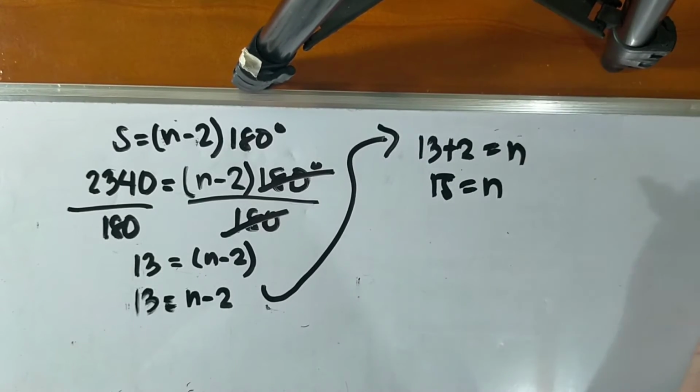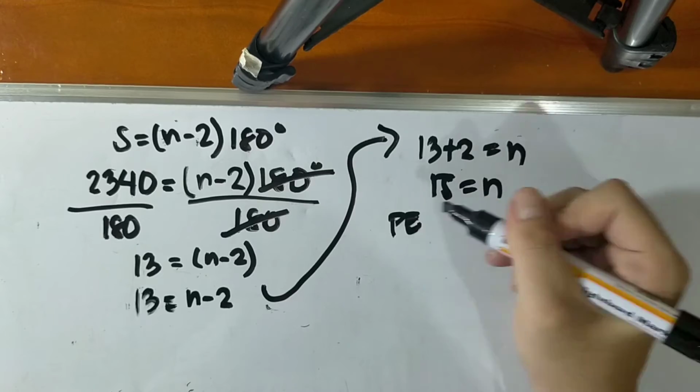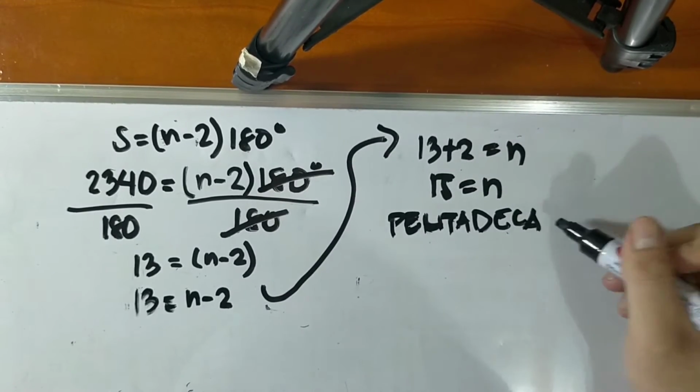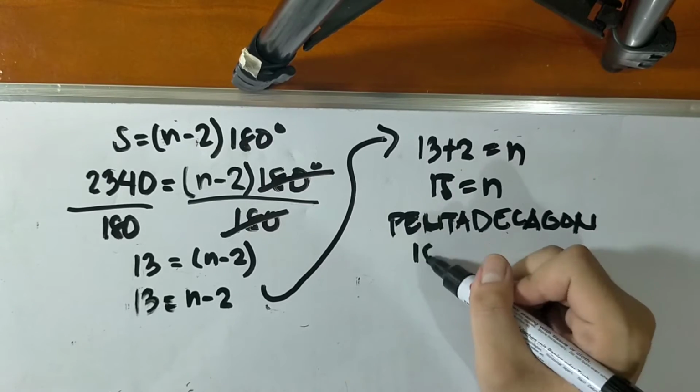Then n equals 15, or 15 sides, which is also known as a pentadecagon.